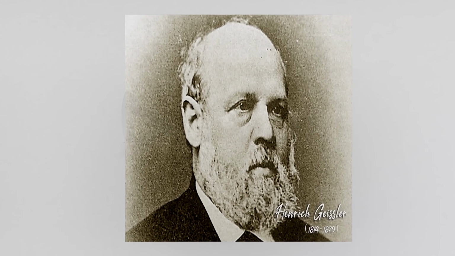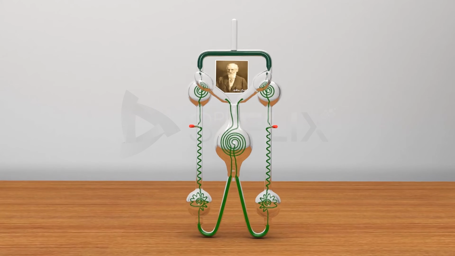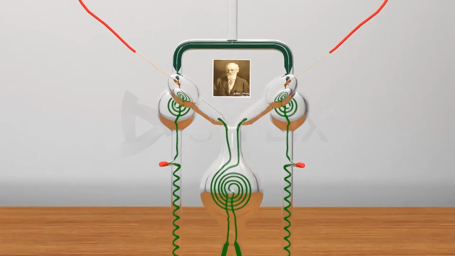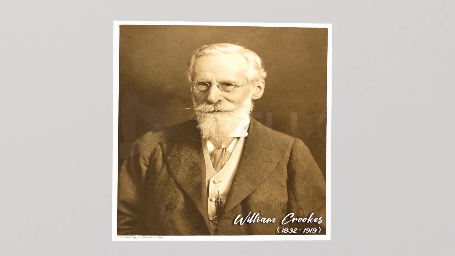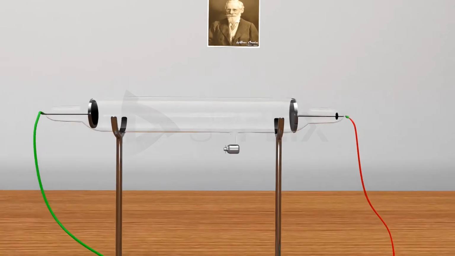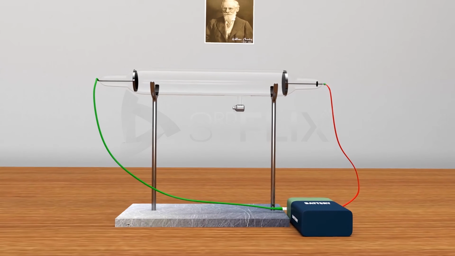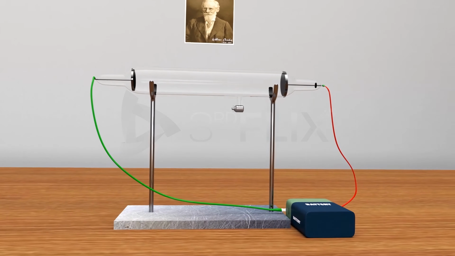Heinrich Geissler, a German inventor, developed the mercury pump and produced the first good vacuum tube. This tube, after being modified by Sir William Crookes, became the first of its kind to produce cathode rays, leading eventually to the discovery of the electron.